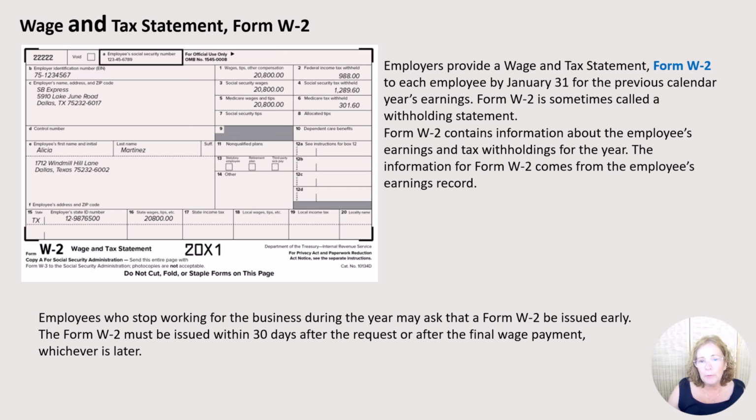Let's take a look at what information needs to be completed by the employer on the Form W-2. It is important that all of the information on the Form W-2 reconciles back to the payroll registers.